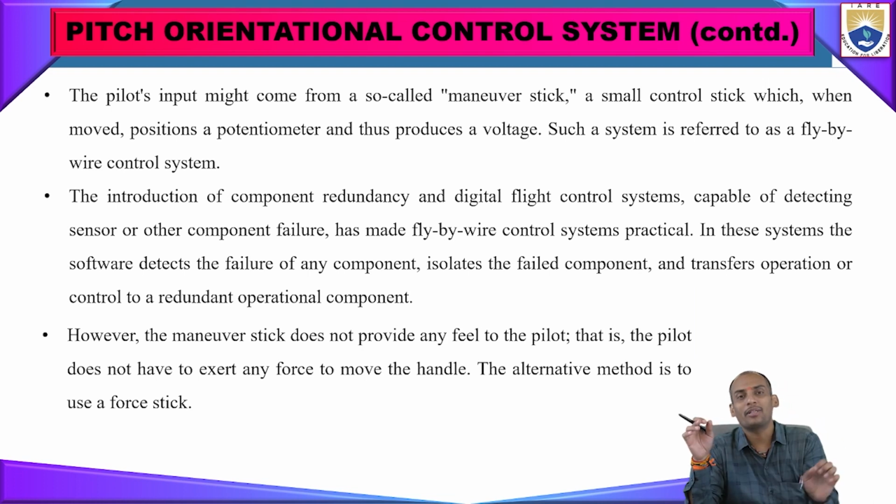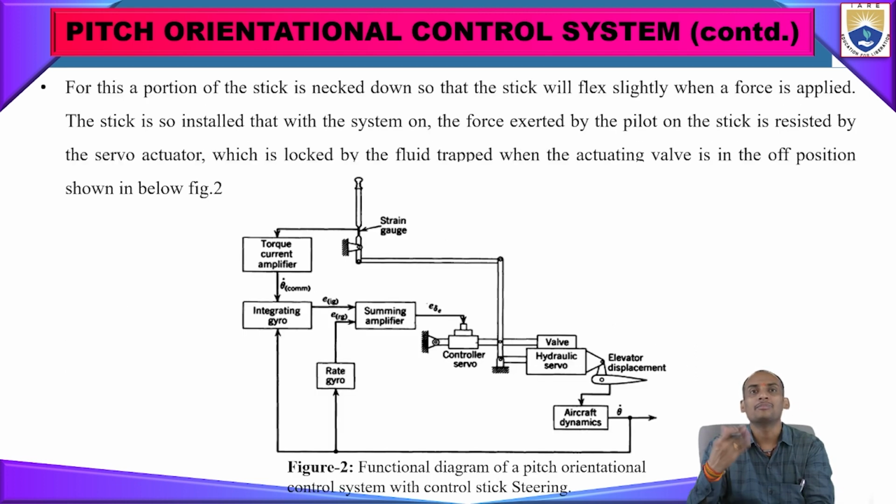Whenever you wanted to turn, you had to apply more force on the steering, so you felt that for turning you needed to apply this much force. But in aircraft it is not like that. He has to feel whether the force is being applied on the aircraft or not. So for that, the arrangement will be like this.